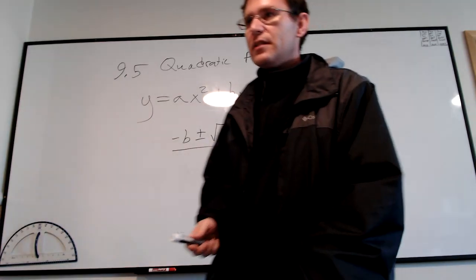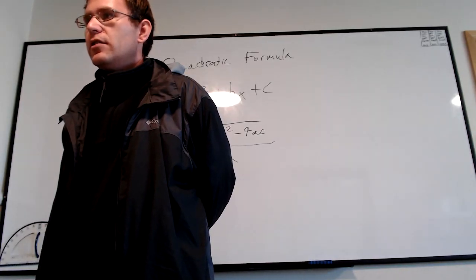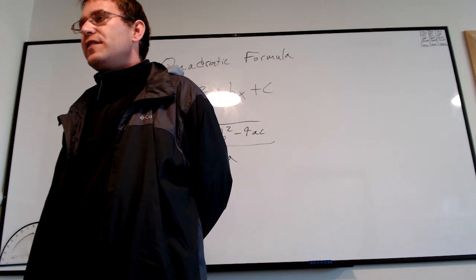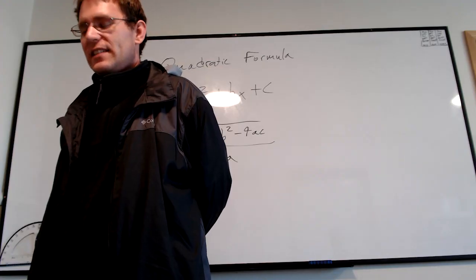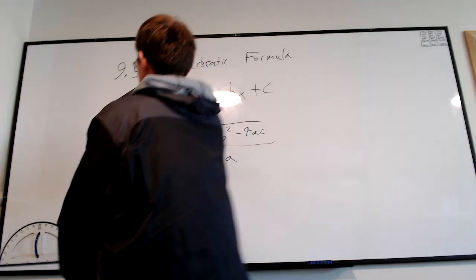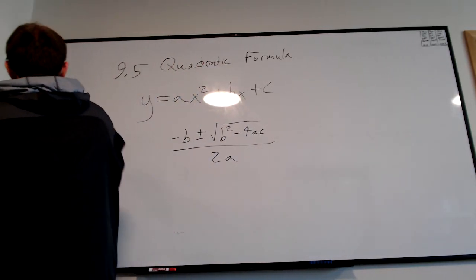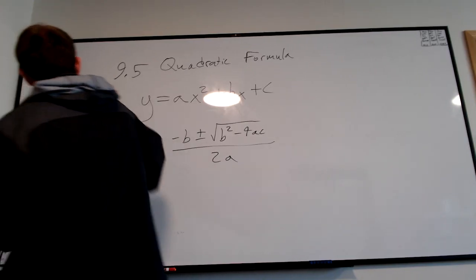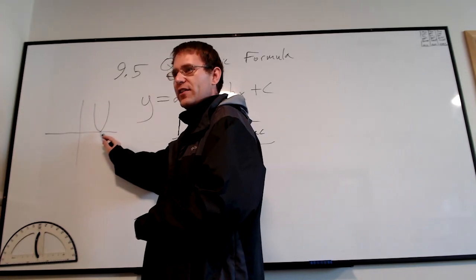Every time we use the quadratic formula, there's always two answers. Usually. Wait, no, you said three possibilities. Yeah, there's three possibilities, right? So most often it's going to be two x values, because there are two values where it intersects the x-axis. But then there can be one. If the quadratic is like that, see how it's got one intercept with the x-axis, so there's only one value then.